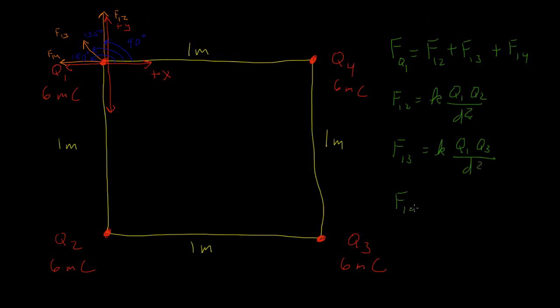And the force between 1 and 4 will be K, Q1, Q4 divided by the distance between them squared. The distance between 1 and 2 is easy. They told us it's 1 meter, and it's the same between 1 and 4, it's 1 meter. But between 1 and 3 is not 1 meter, it's going to be something different.